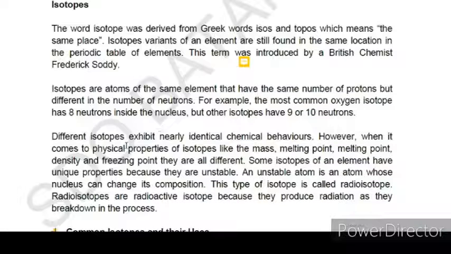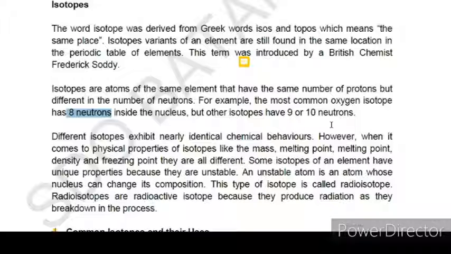Different isotopes exhibit nearly identical chemical behaviors. Ano ba example ng isotope? Let's say isotopes of oxygen. The most common oxygen has 8 neutrons inside the nucleus, but there are also oxygen atoms with 9 and 10 neutrons.